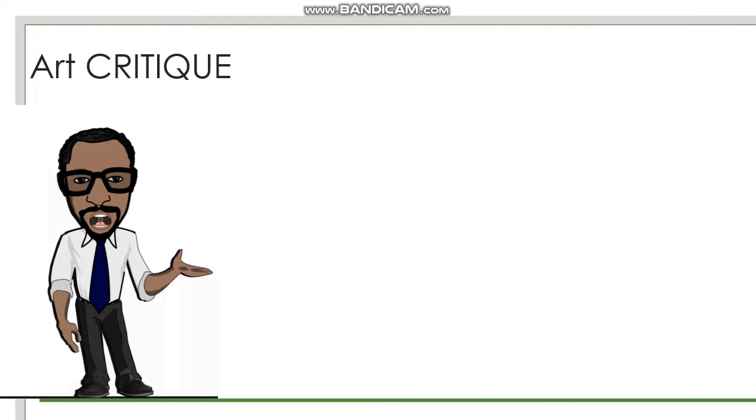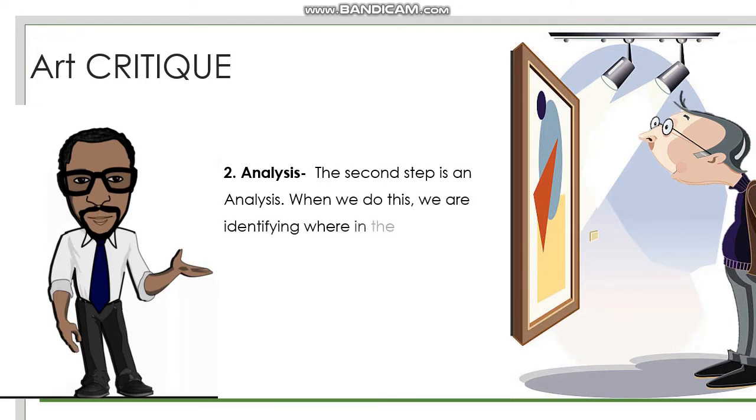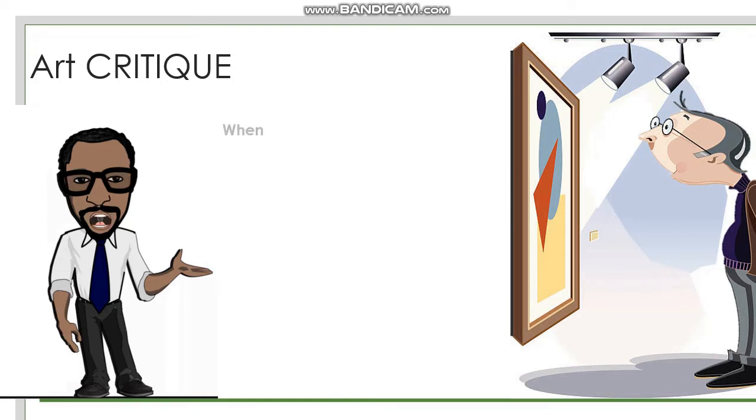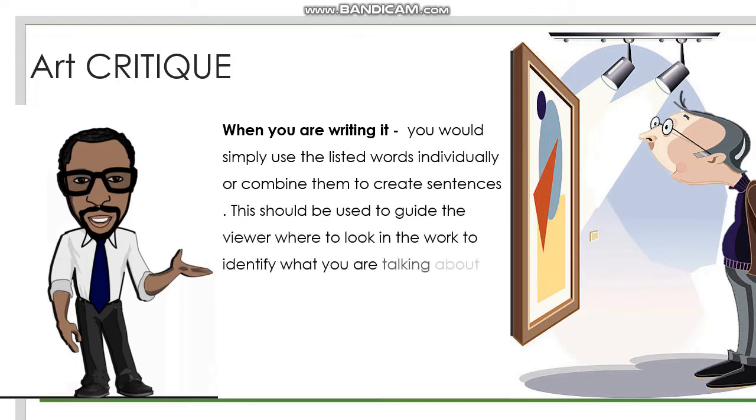The second step would be analysis. When we do this, we are identifying where in the artwork can others find the things we described. When you are writing it, you would simply use the listed words individually or combine them to create sentences.